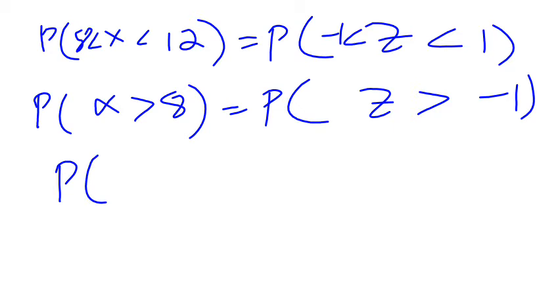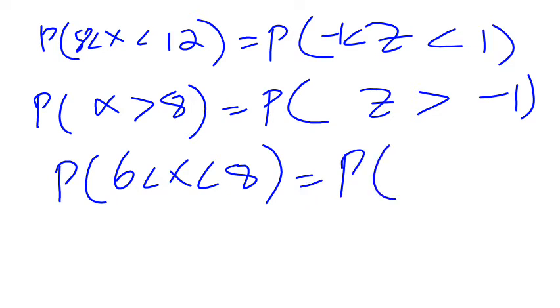Similarly, if x is less than 8 and greater than 6, its z unit will become z less than minus 1 and greater than minus 2. So this is how we transform x unit into z units.